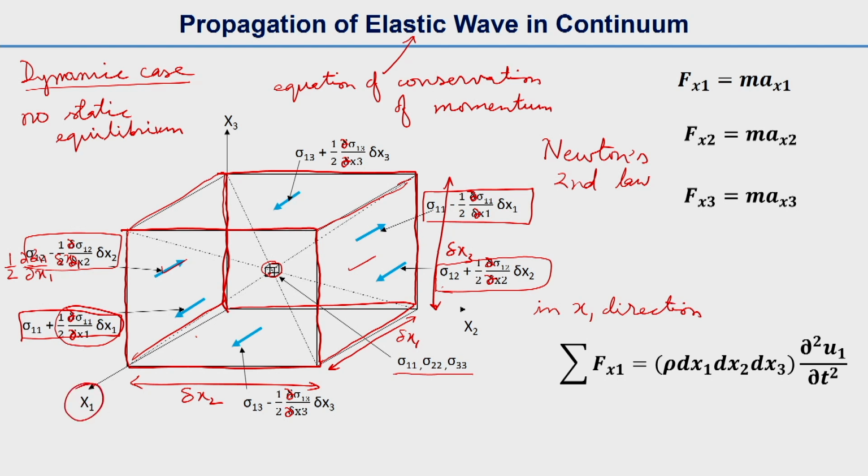So the summation of forces in the x1 direction will be equal to the mass of this unit cell, which is density times volume, multiplied by the acceleration along the x1 direction. So we are applying Newton's law along the x1 direction.